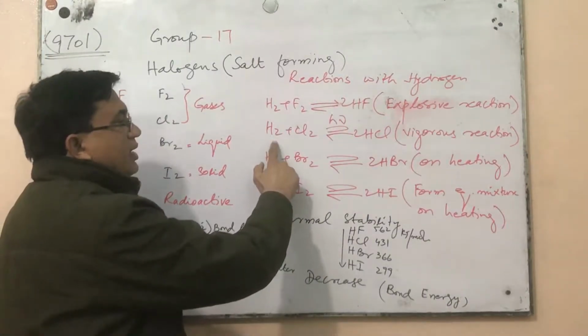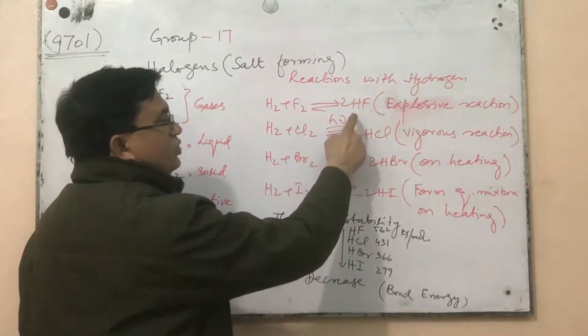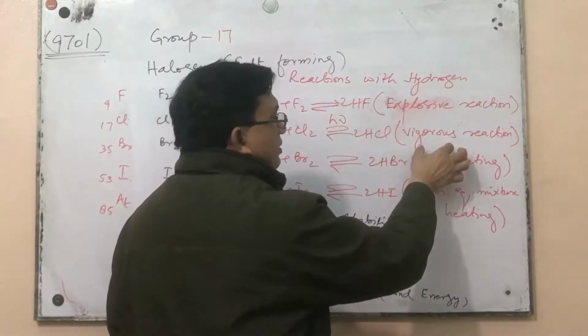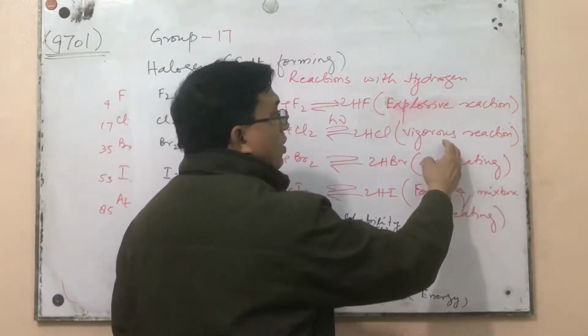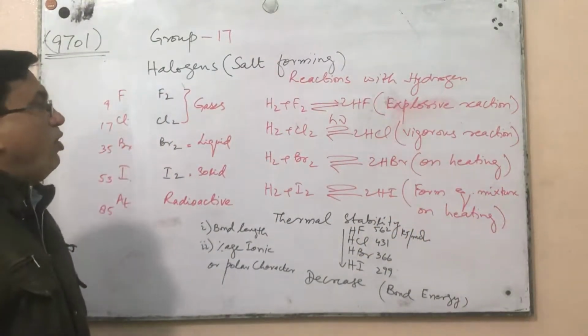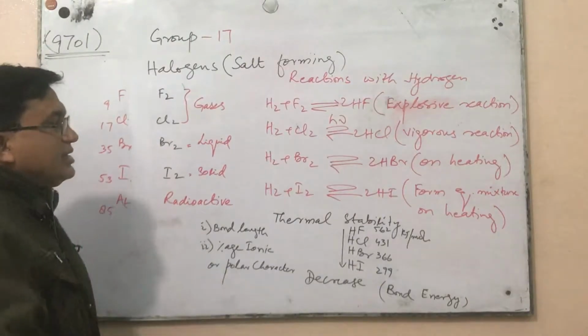When hydrogen reacts with chlorine in the presence of sunlight, the reaction takes place violently or vigorously and HCl gas is formed.